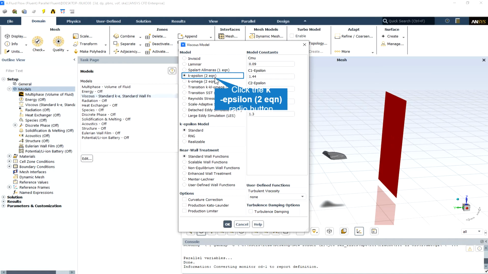In the derivation of the k-epsilon model, the assumption is that the flow is fully turbulent and the effect of molecular viscosity are negligible. The standard k-epsilon model is therefore valid only for fully turbulent flows.